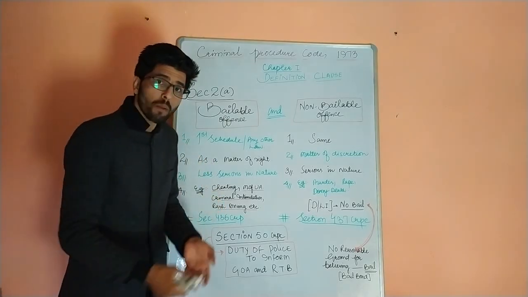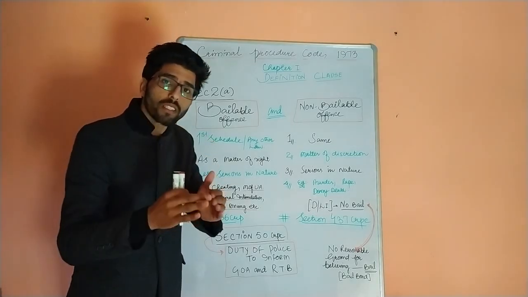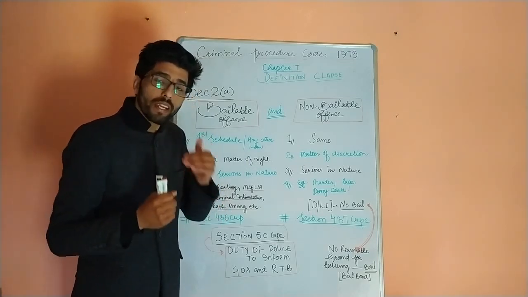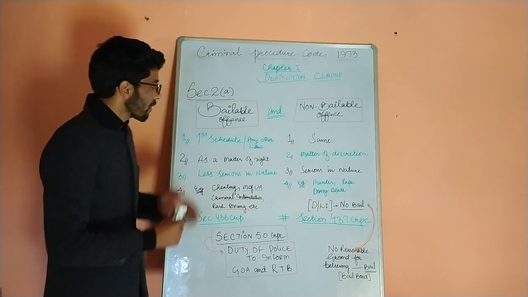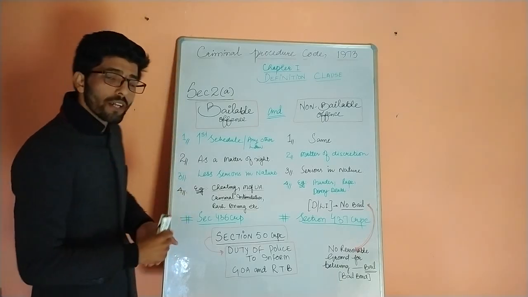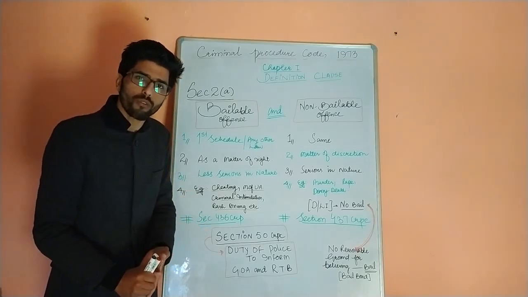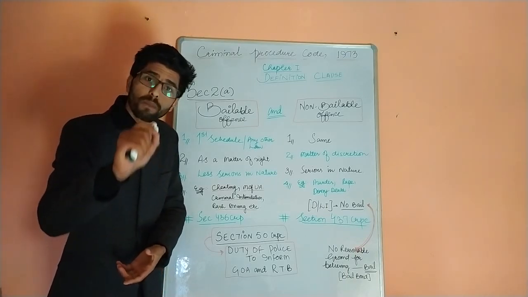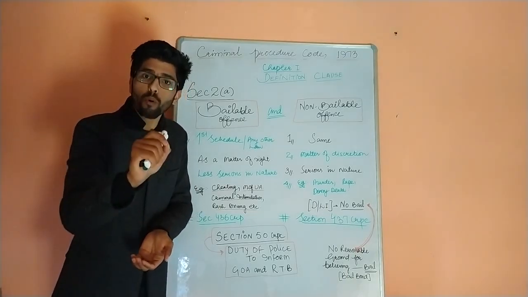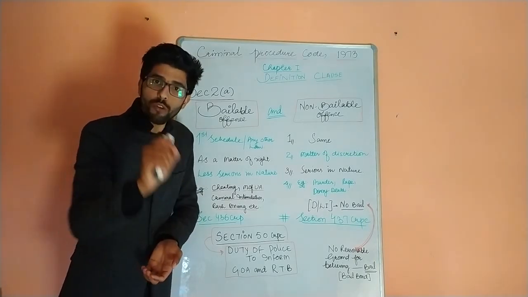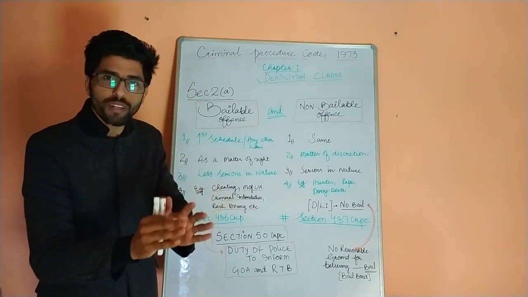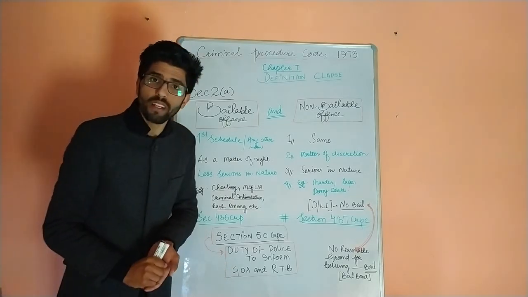Now the question arises that if you are arrested for an accusation of an offence, and you are arrested or detained by the police officer, then section 50 of the CRPC imposes a duty upon the police officials to inform you with regard to the grounds of arrest and the right to bail.